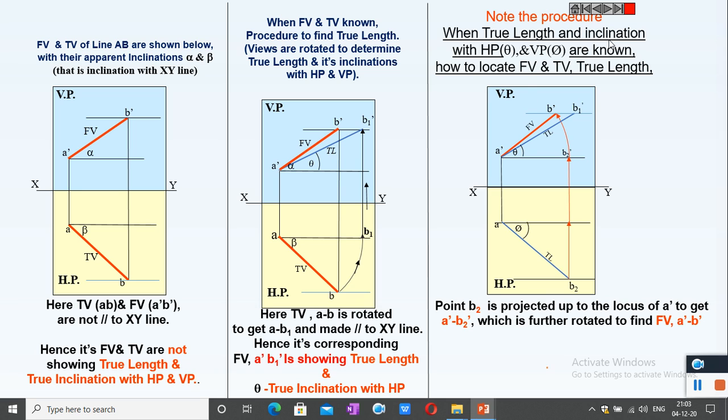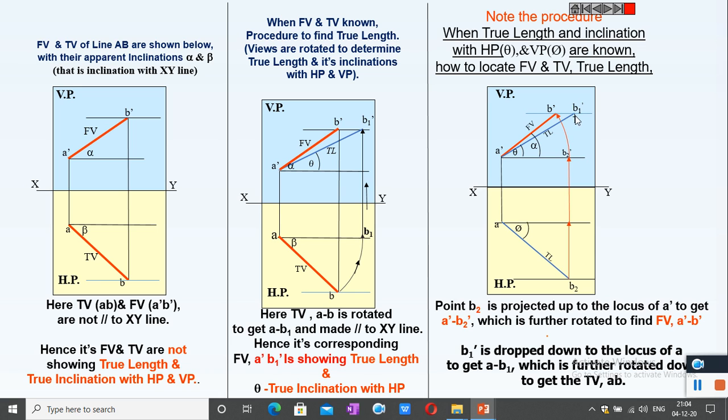Similarly, project B1 dash downwards. This is the point B1. With the center A and radius equal to AB1, draw an arc to cut the locus of B2, which is the point B. Join AB, which is the required top view.